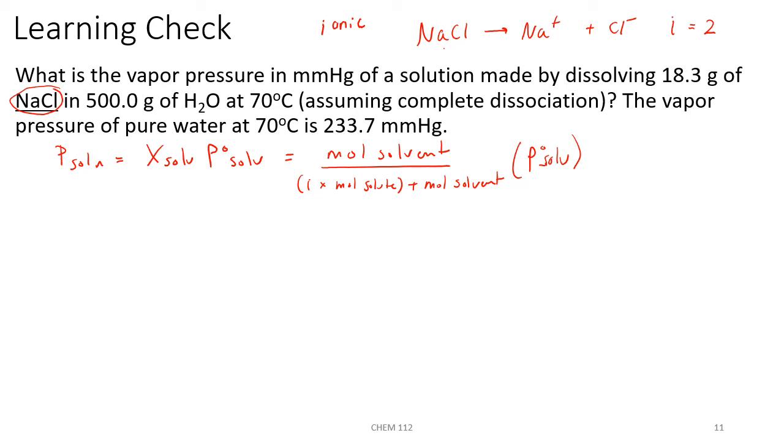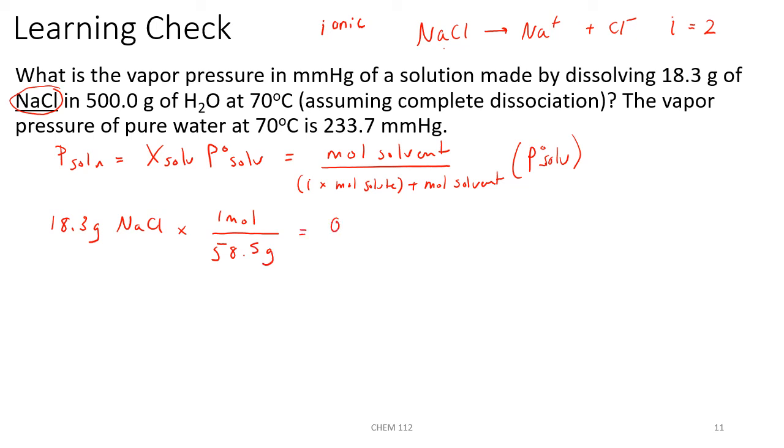So let's do some conversions. We have to get our mass of sodium chloride into moles, and we have to get our mass of our solvent water into moles in order to be able to calculate the mole fraction. So we have 18.3 grams of sodium chloride. Using the molar mass, 1 mole of NaCl is 58.5 grams.